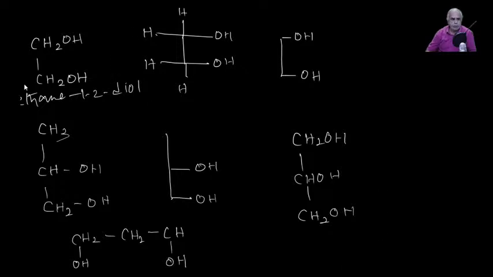So I was discussing the dihydric alcohol, that is ethylene 1,2-diol, ethylene glycol, and propylene glycol, and this is known as CH3CHOH CH2OH. So propane 1,2-diol, and this one is 1,3-diol, propane 1,3-diol, and these structures can be simply represented like this also. Okay, right.